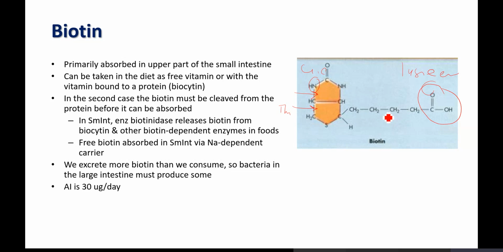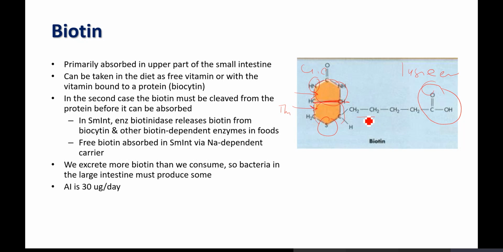So biotin is a heterocyclic, sulfur containing monocarboxylic acid, and it is a fusion of imidazole and thiophene rings with the valeric acid chain. You see, this is the thiophene ring, this is the imidazole, and this is the valeric acid chain.